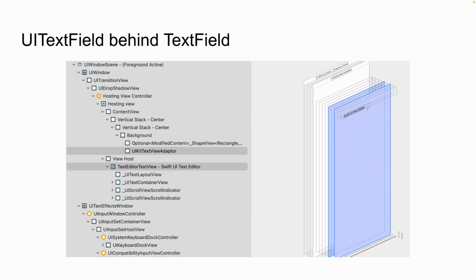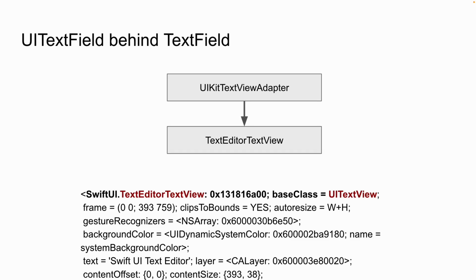As you could see, these two highlighted lines for the text editor create something like a UIKit text view adapter. And for it there is also a TextEditor text view, and inside there is some text that I provided just to show that it's exactly this field. If we print the description of this TextEditor text view, it looks exactly like this.